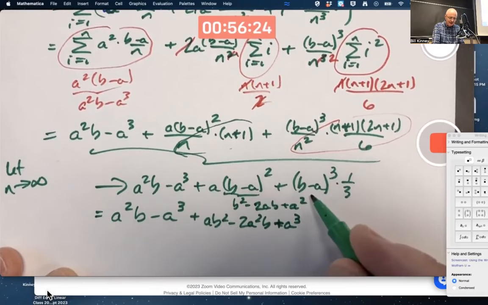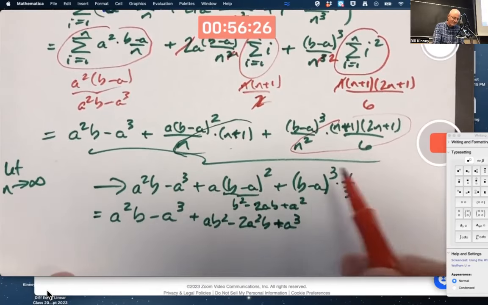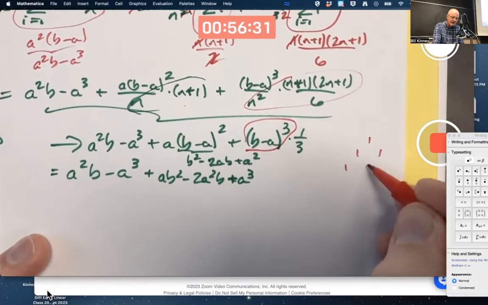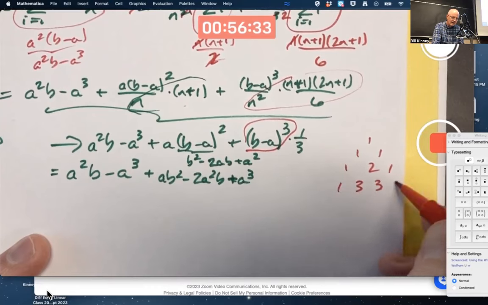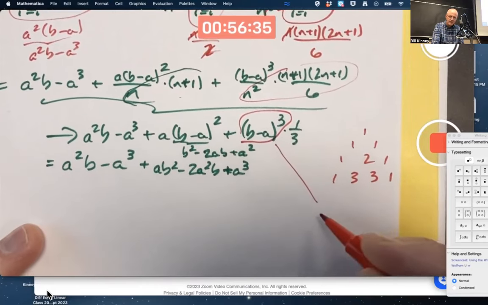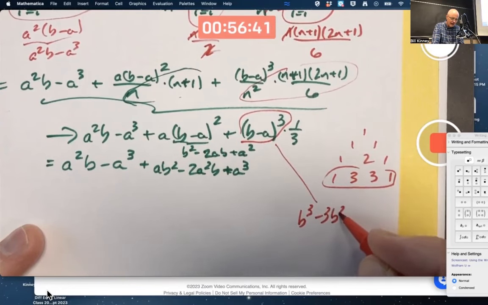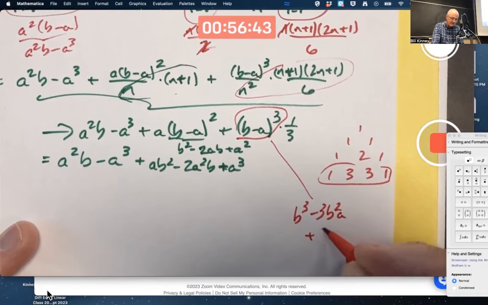And then I got to expand this with Pascal's triangle, say. That equals b cubed, I'm looking at this row here, minus 3b squared a plus 3ba squared minus a cubed.